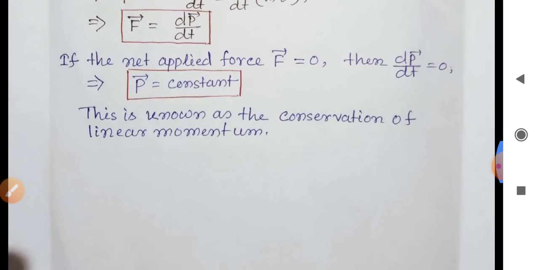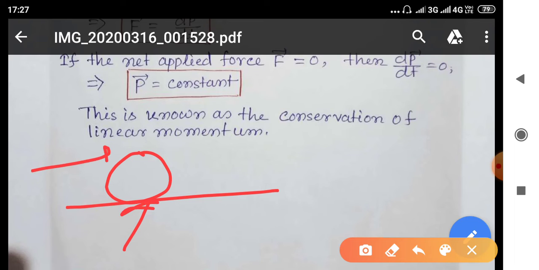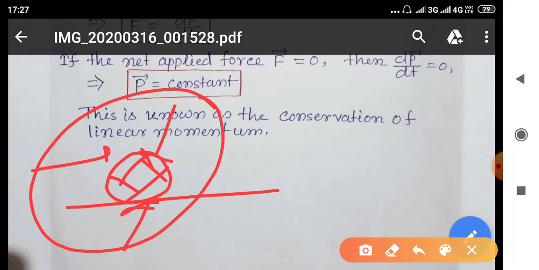Now what is the importance of that conservation? Let us consider an object moving under several forces. That means a large number of known and unknown forces are acting on that object, and if we want to find the net external force or net applied force, then we have to add all these forces vectorially.